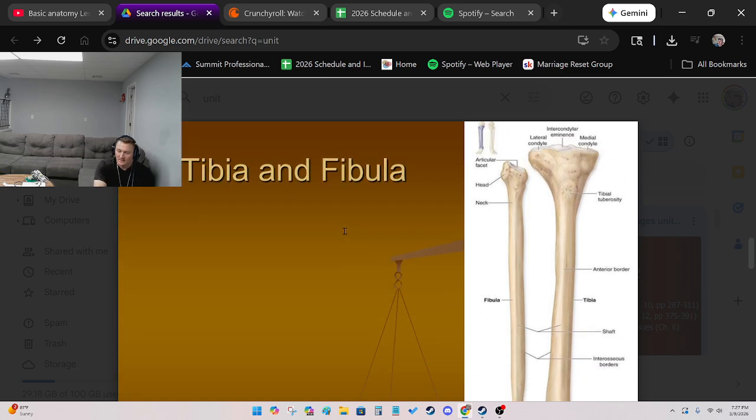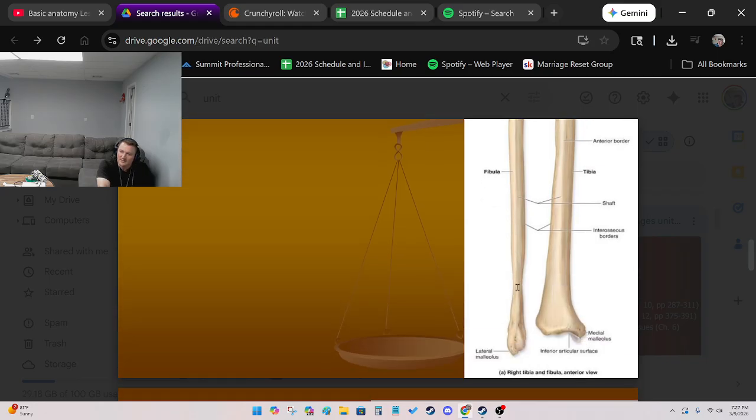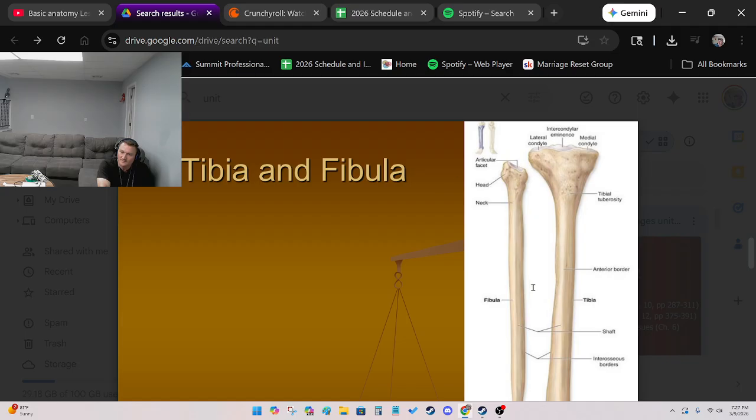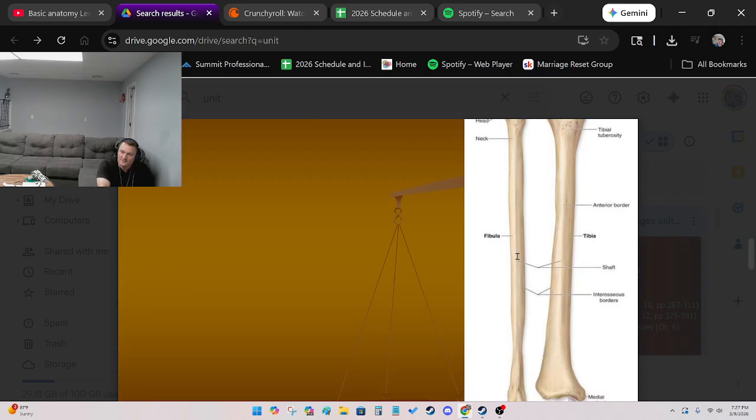So we've got tibia and fibula. Fibula is the smaller one. I think I read something where 20 or 30% of weight bearing happens through the fibula. It gets fractured a lot, and it's on the lateral side.